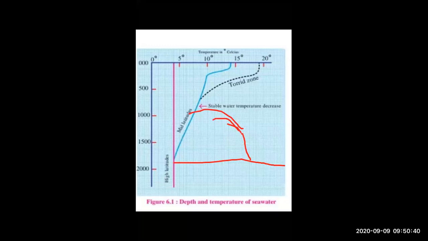Penetrate means what? Enters. If you want to write, you can write. Penetrate means enter. So some of the sun rays enter the interior of the depth in the water.